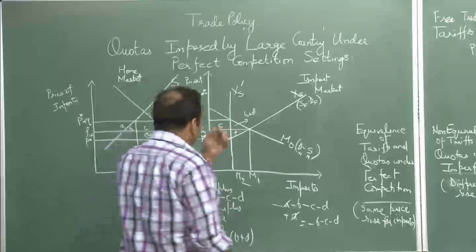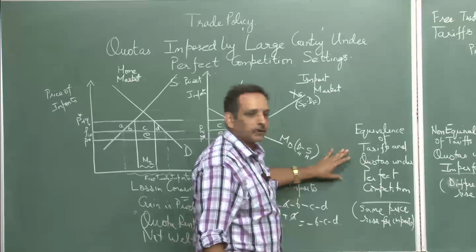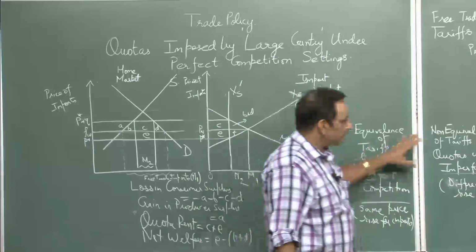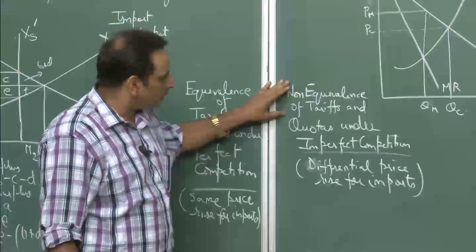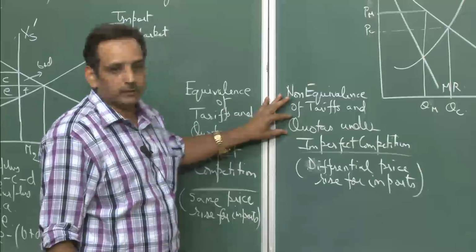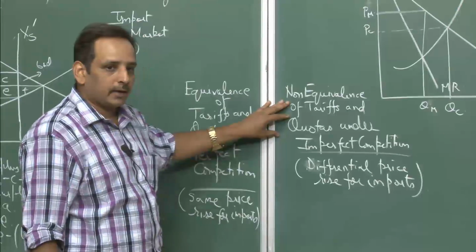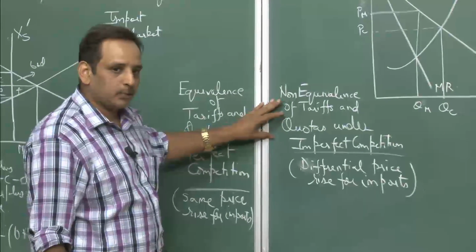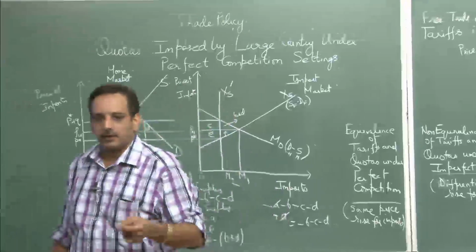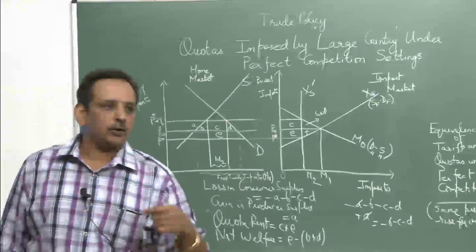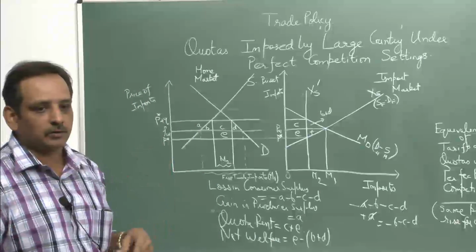Now this can happen under perfect competition, but we will see that under imperfect competition there is non-equivalence of tariffs and quotas, because if you are a monopolist and the quota is imposed, then you can exercise your option of charging higher prices than the marginal cost.